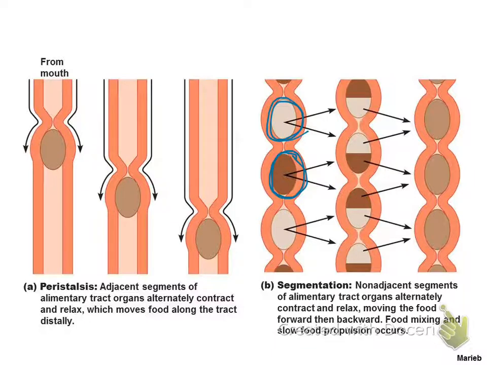So as we contract the smooth muscle here in the middle of this piece, that's going to force some of the foodstuff backward and some of the foodstuff forward. That way we can make sure that everything gets mixed up with the chemicals that are going to help us break it down. So that's the purpose of segmentation.